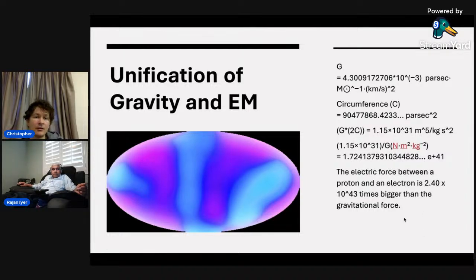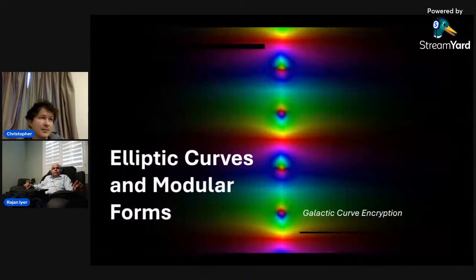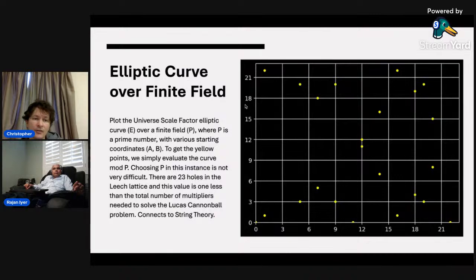Let's see if we can continue on here. So we'll apply the scaling factor to elliptic curve cryptography and modular forms in this section. If we wanted to apply the Diophantine equation to elliptic curve cryptography, we need to plot the scaling factor of the elliptic curve over a finite field P, where P is a prime number.